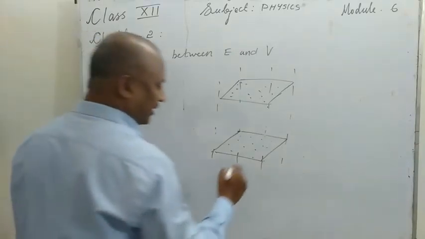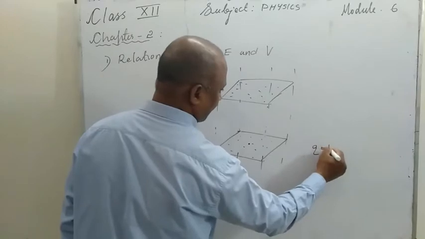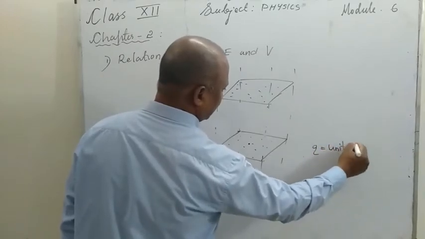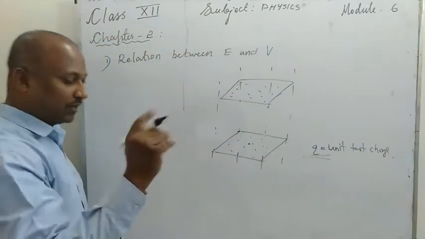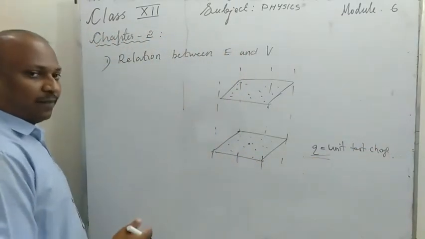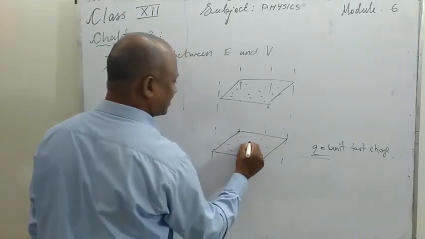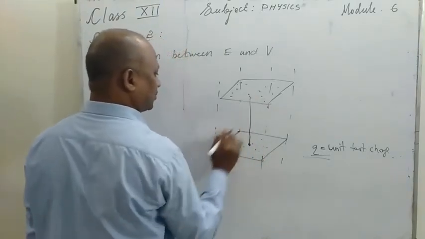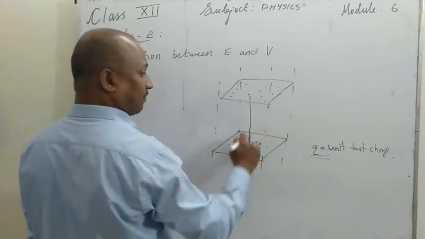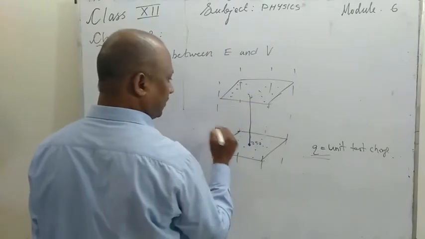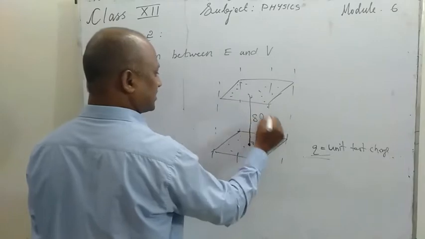And I'm going to take one unit test charge. Unit test charge means a charge which has value 1 coulomb, whatever. I am going to take this perpendicular to this equipotential surface, and both are parallel, so this will be automatically perpendicular, and the distance between the 2 surfaces is a very small distance.